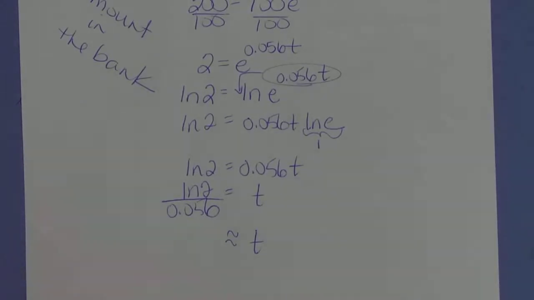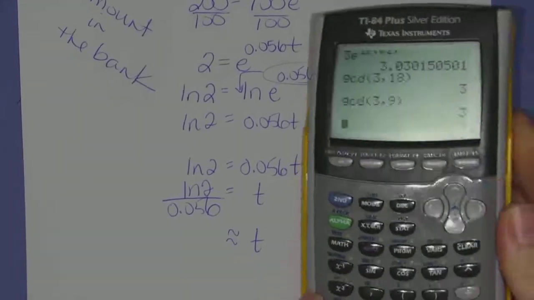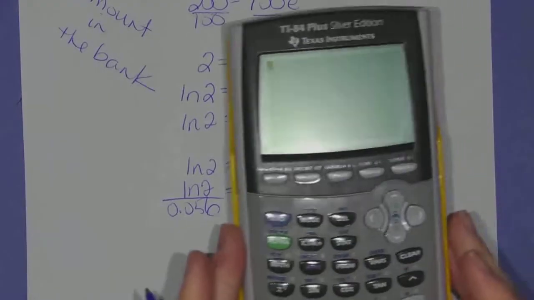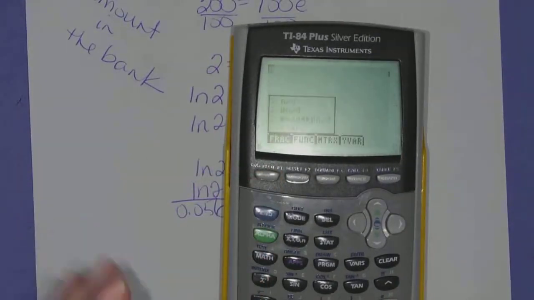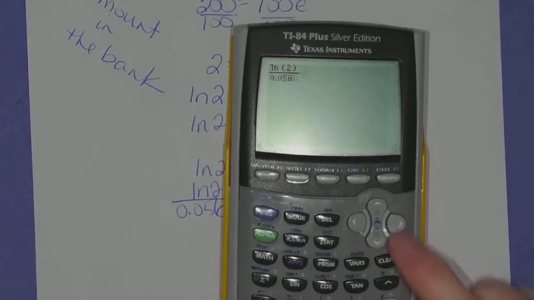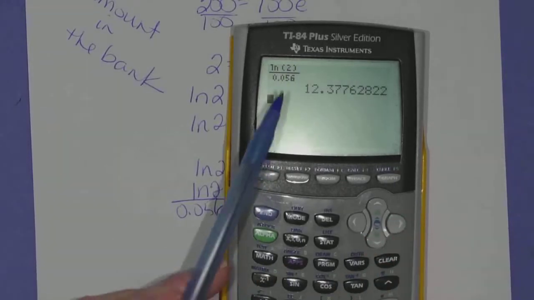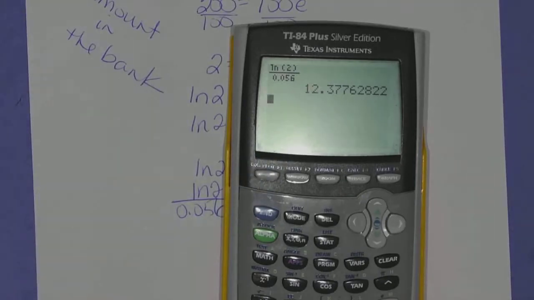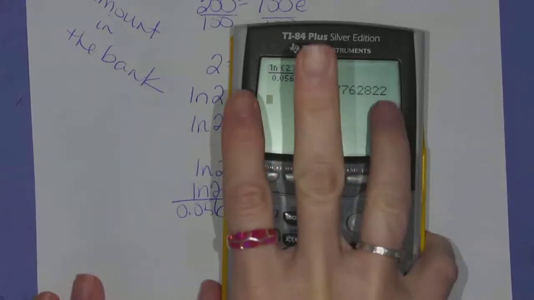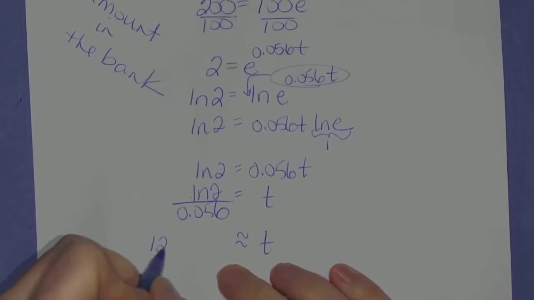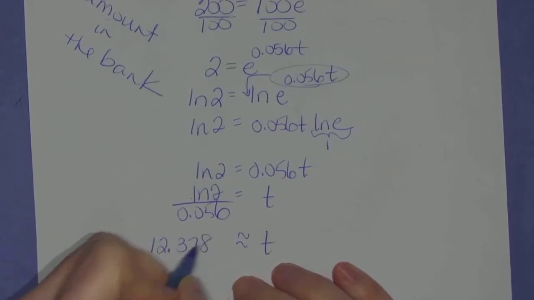If I type this into my calculator and get time, I am going to type in the natural log of 2 divided by 0.056. So I'm going to round to 1,000ths. So we'll say 12.378 years.